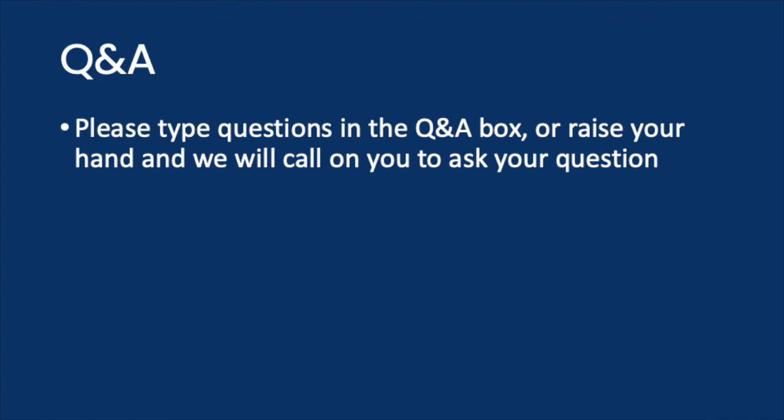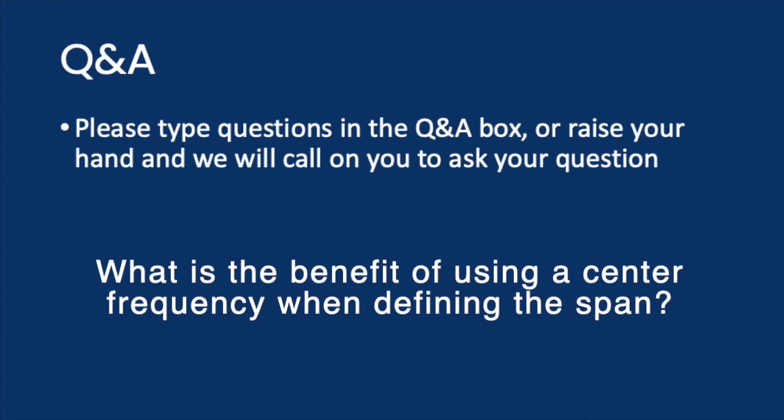One other question here. What is the benefit of using a center frequency when defining the span? Yeah, so you have two different ways of being able to define the span. You can use a start and stop frequency, or you can use a center frequency. I prefer the center frequency when I know the frequency content that I'm looking at.